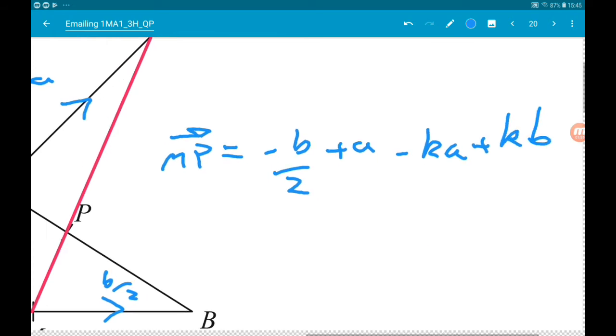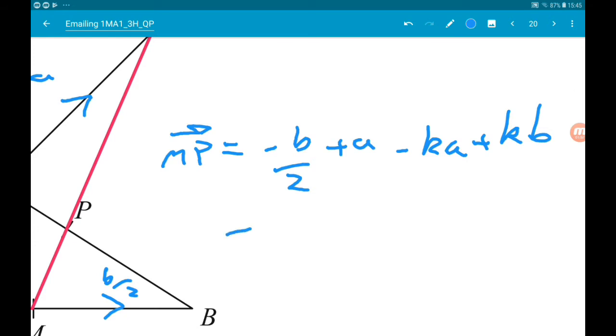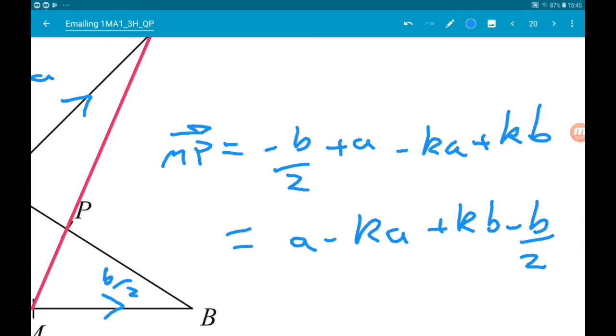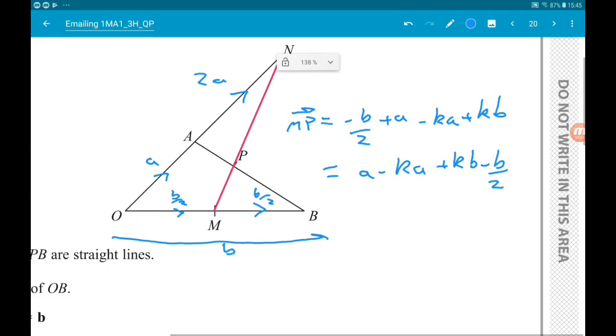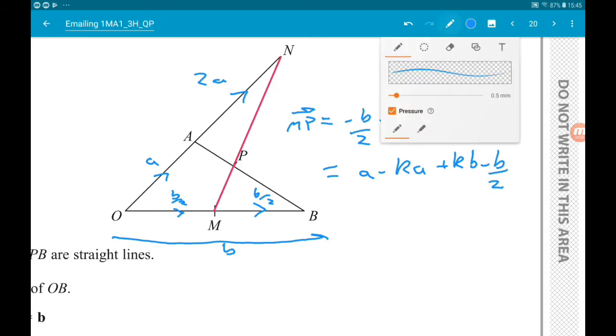So we could write that as a minus ka add kb minus b over 2. So that gets us from m to p.